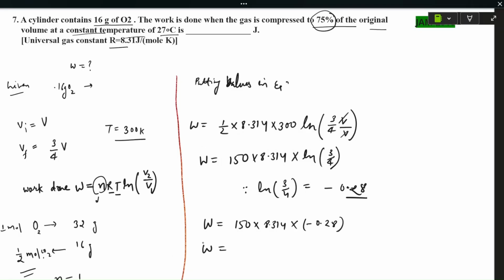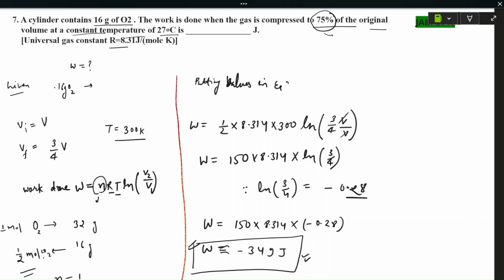By calculating all these values, we finally get approximately minus 349 joule. So this is the amount of work required to compress the oxygen gas to 75% of the initial volume. So this is the answer.